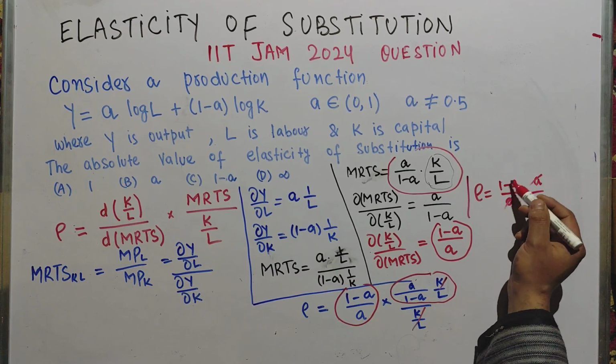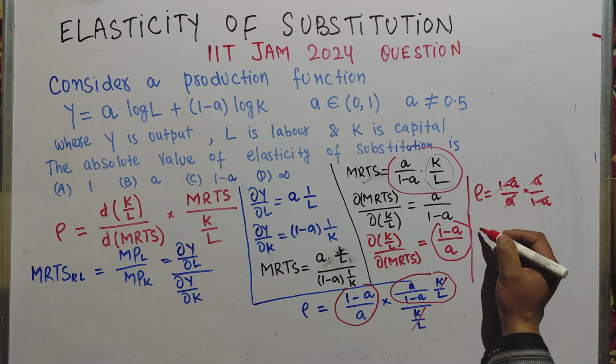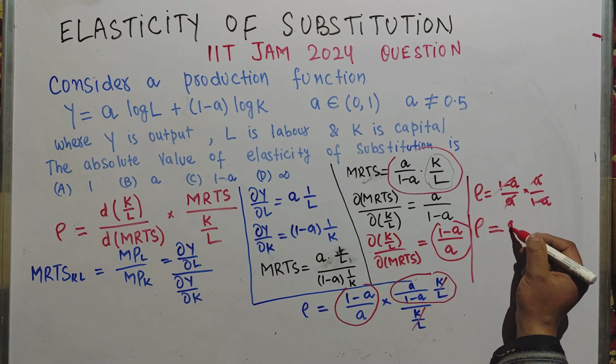Okay, this gets cancelled, so elasticity of substitution will be equal to 1.